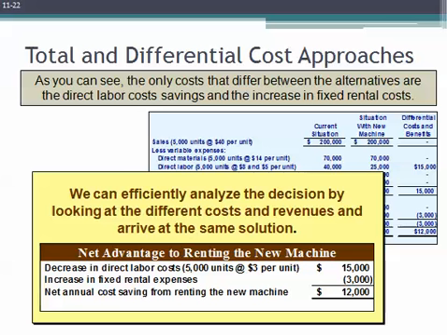And again, that would be the savings of $15,000 in labor compared to the $3,000 cost of renting the machine. So if we use a differential cost approach, it will allow us to more clearly focus on the factors that are important in making our decision.